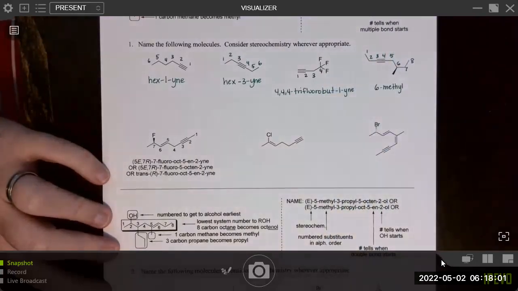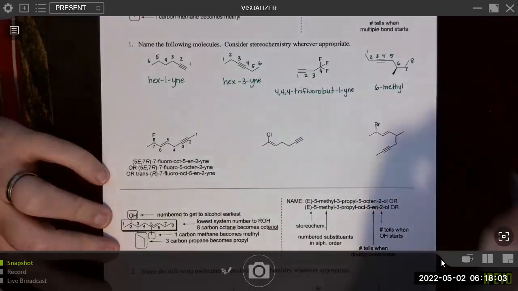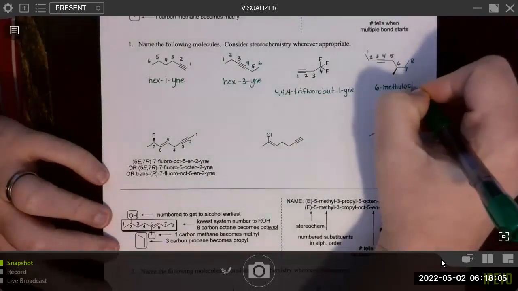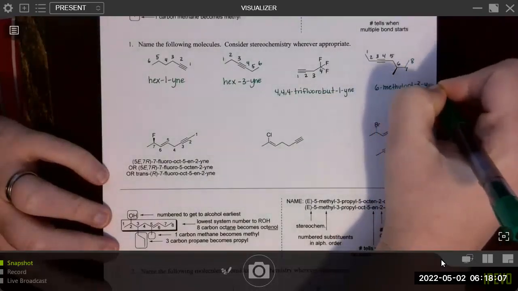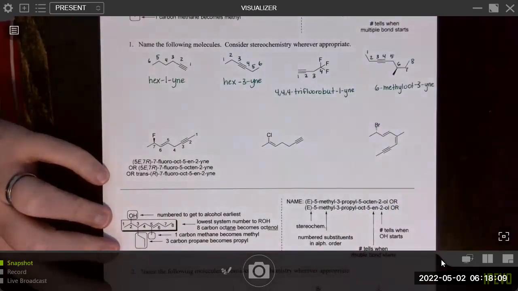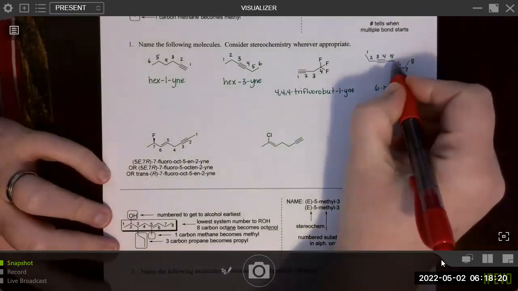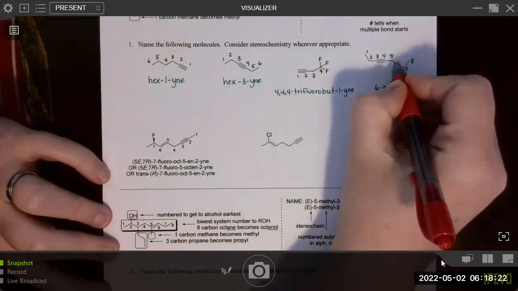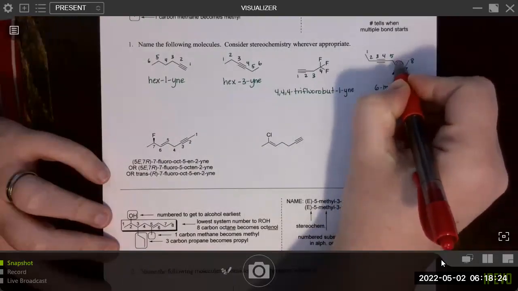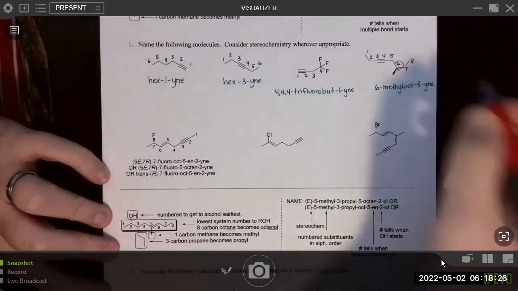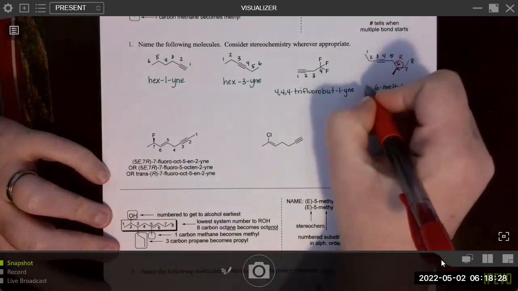And this is an oct-3-yne. And then we don't want to forget the stereochemistry. Because there's a chiral center, we do need to include that information in the name. So in terms of priority, this would be 1, 2, 3. So 1 to 2 to 3. The hydrogen pointed back. This is R. So we want to add that.